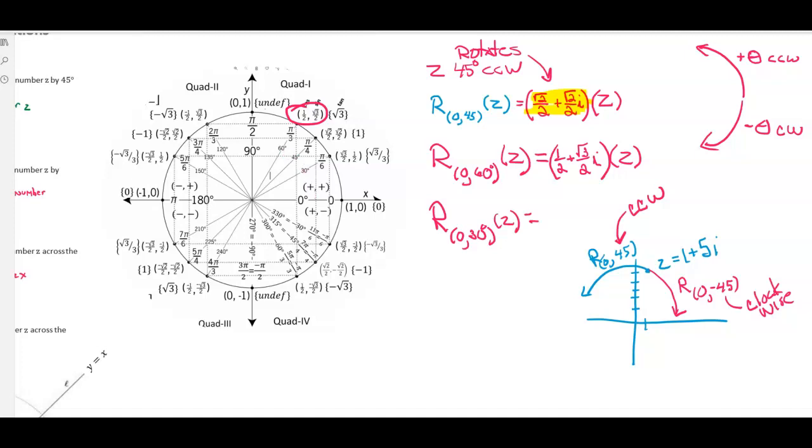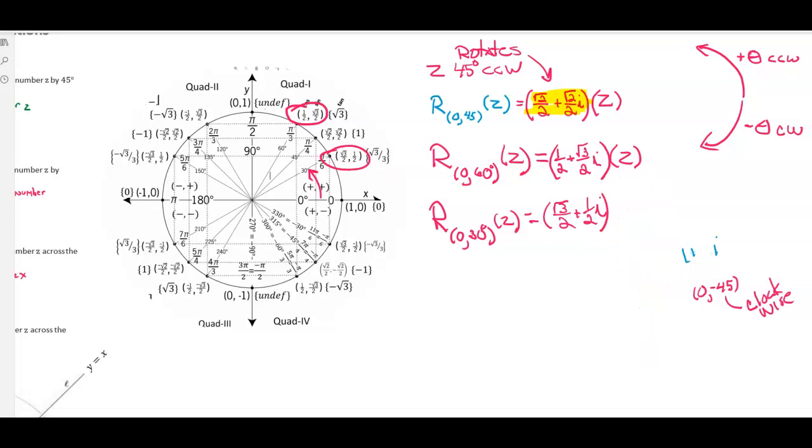Well, go to 30, make a complex number out of those 2 coordinates. And what you're going to do is multiply that by whatever your point was.